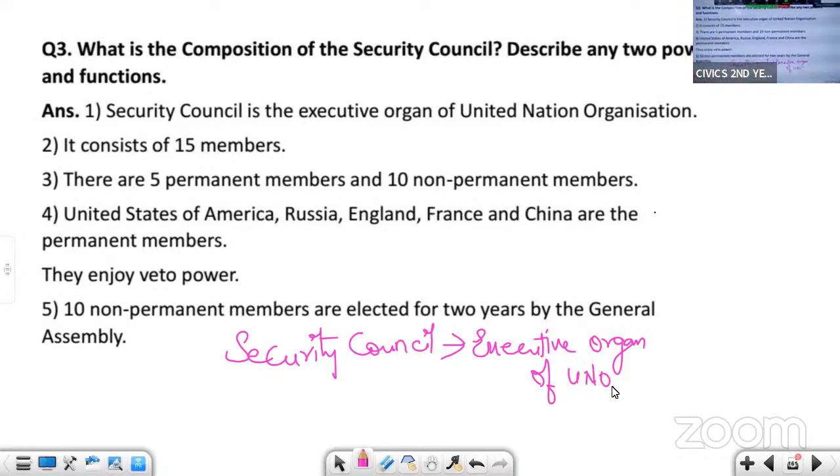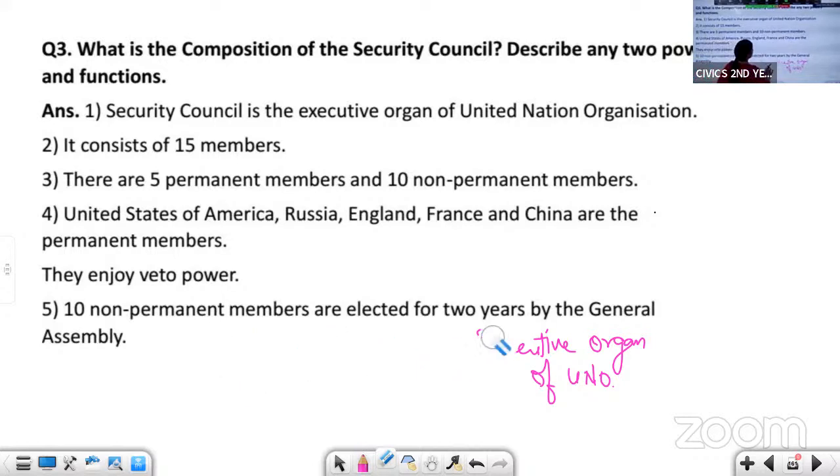So this is another important question: What is the composition of Security Council? And describe any two powers and functions of Security Council. It is like the executive. I told you yesterday, I term UNO as the government of the governments.